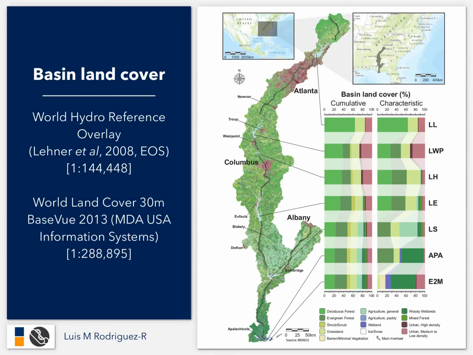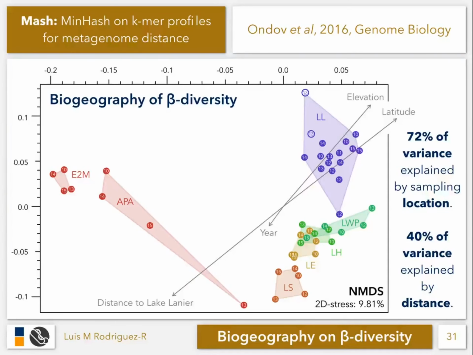Sure, there is, for example, the city of Atlanta, which has a large urban cover that feeds into the second lake, West Point. There is also some agricultural input feeding into the southernmost lake, the Seminole. But in general we have a regularly stable land cover, with some exceptions that we can leverage to identify statistically the effect of land cover on the communities.